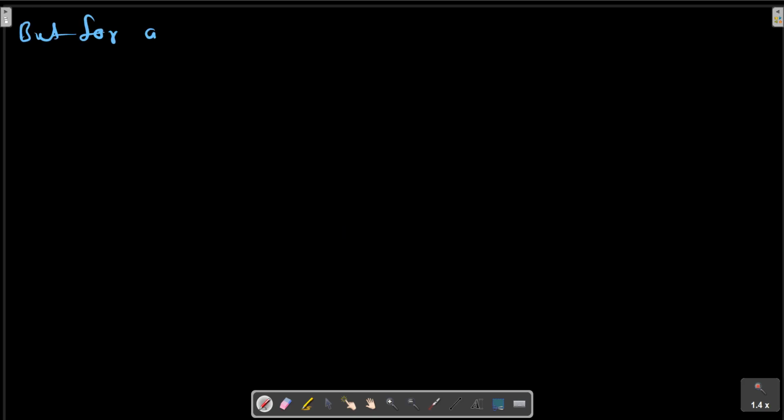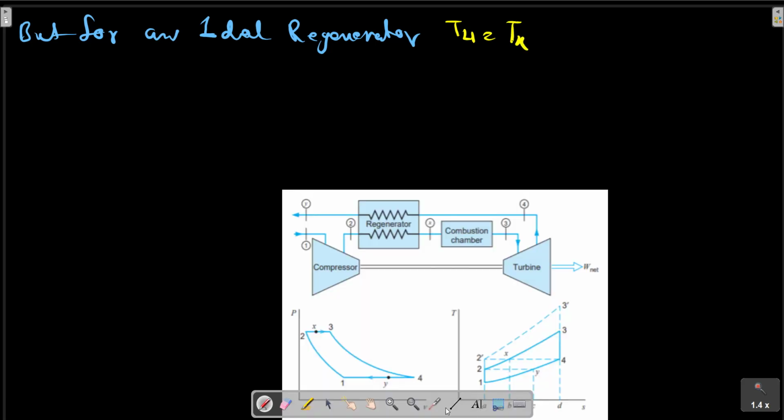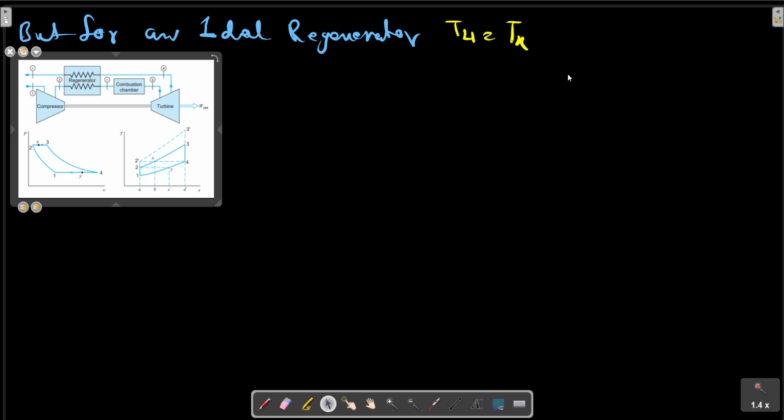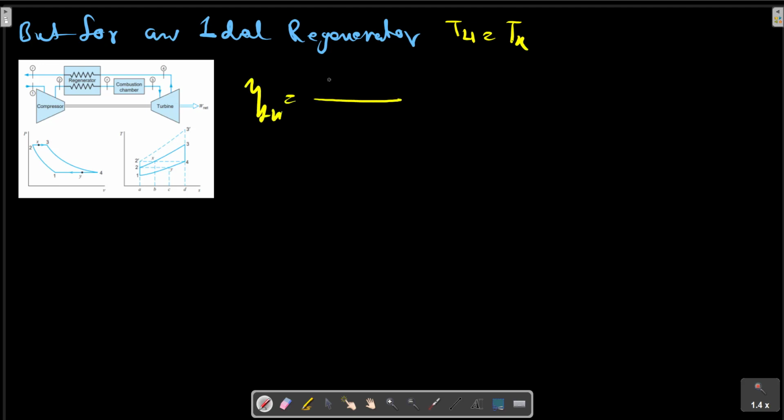For an ideal regenerator, T4 equals Tx. Consider this picture. And for this relation we have QH.